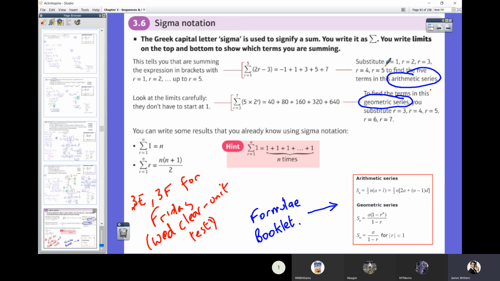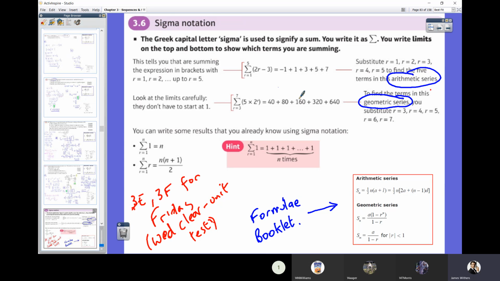Like it says, you substitute in r equals 1, get a number, r equals 2, get a number, r equals 3, get a number, 4 and 5, and so on. That's what it means. It can give you an arithmetic series, just like that first one does. You can see we're just going up by 2 each time. Or it could indeed give you a geometric series. So don't think of this sigma notation as being unique to either one or the other. It can apply to both.